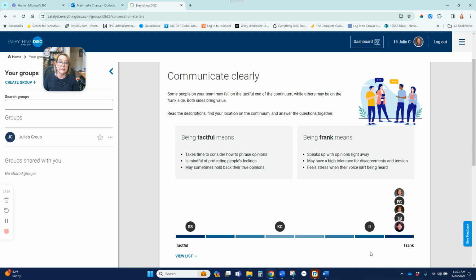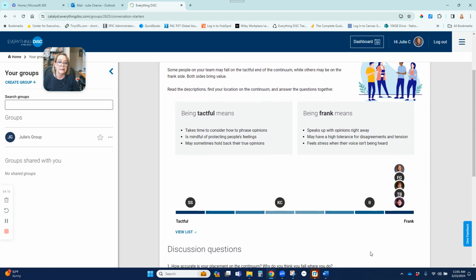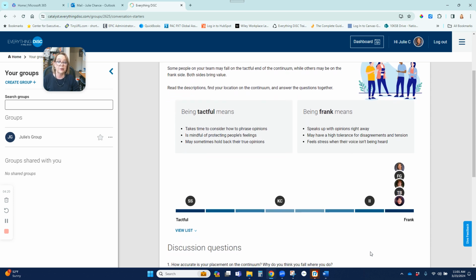Whereas on the other end, somebody who speaks frankly, speaks up with their opinions, has a high tolerance for disagreement and tension. And I think that's something really important to realize between the 2 ends of the continuum, that the tolerance levels are very different for disagreements and tension. And what one person calls conflict, the other person might just call dialogue. So keep that in mind. And then they feel stressed when their voice isn't heard.